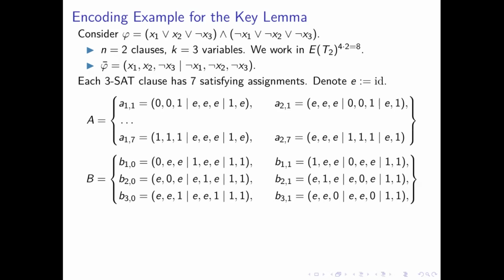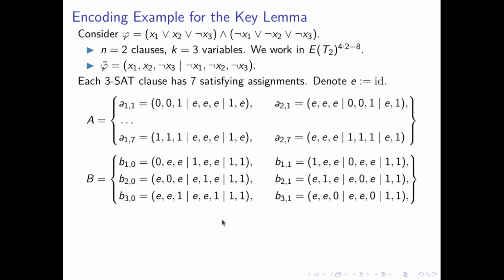0, 0, 1, 0, and 1, 1, 1, and that's our goal, so that our formula will be satisfied. You can see that here. On the left side we have A11, and on the right side we have A21. A1i encodes all the ways that the first clause can be satisfied, and A2i encodes all the ways the second clause can be satisfied.